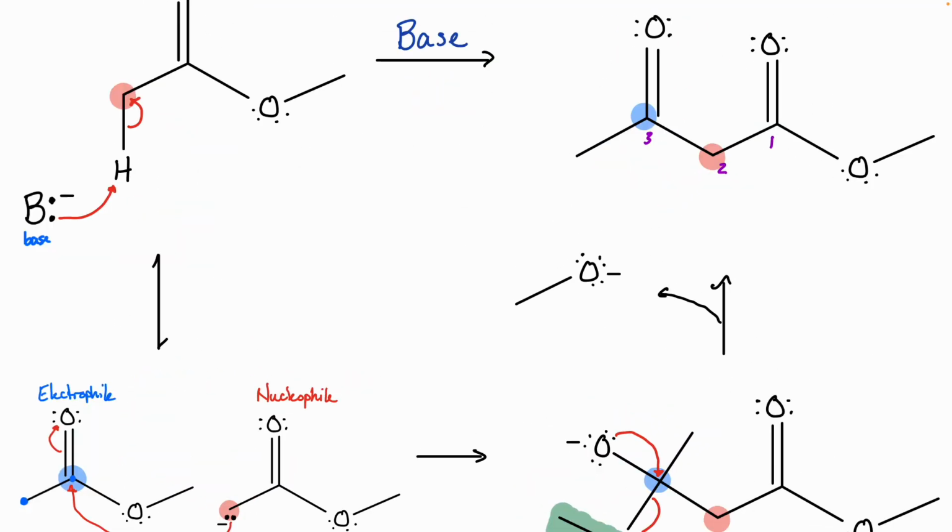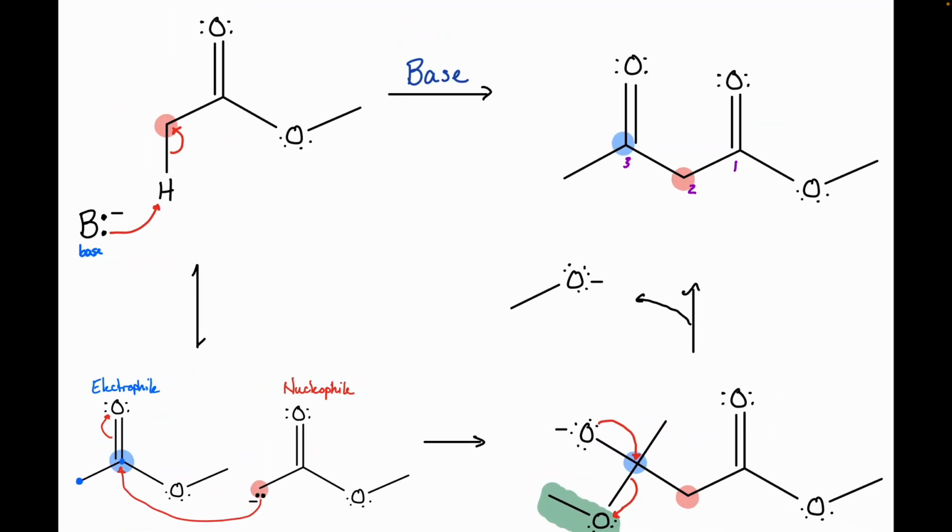So when we do a Claisen condensation reaction, we use a base that matches that ester leaving group. So in this case here, my base that I would choose for this specific reaction would be sodium methoxide, or those methoxide ions. All right, the sodium's not doing anything.